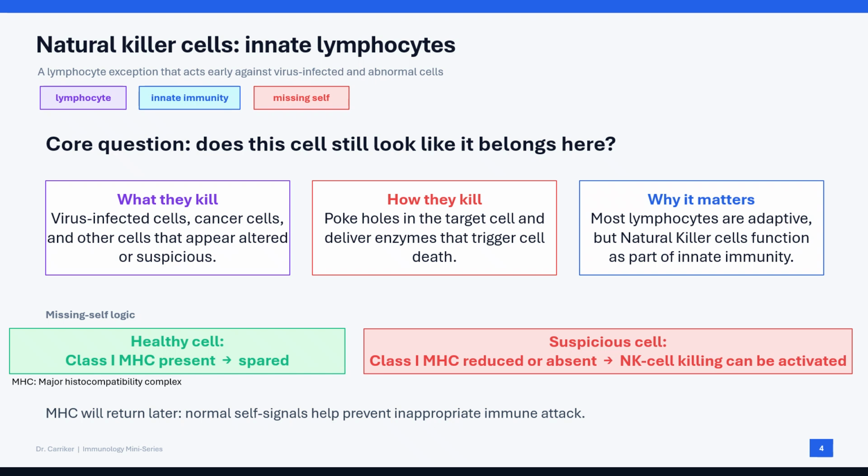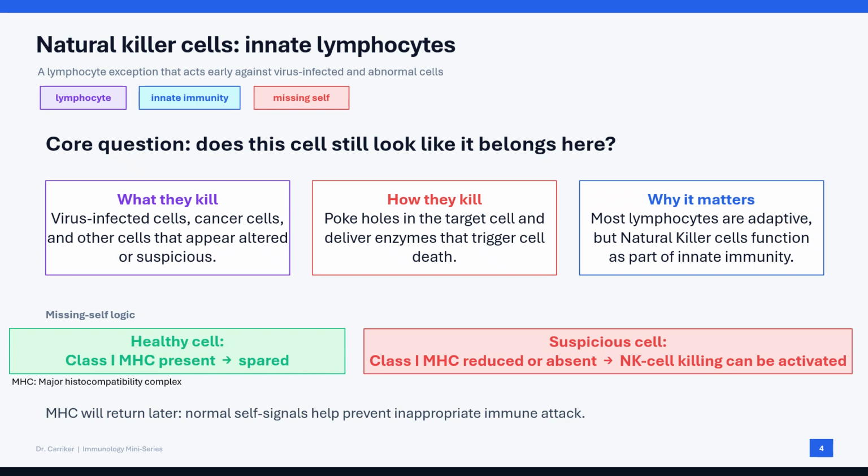Their job is to kill virus-infected cells and to kill certain abnormal cells, including cancer cells. They do this by punching holes in the target cell. They deliver or inject enzymes that then trigger cell death. In other words, they eliminate the host cell that has become a problem.